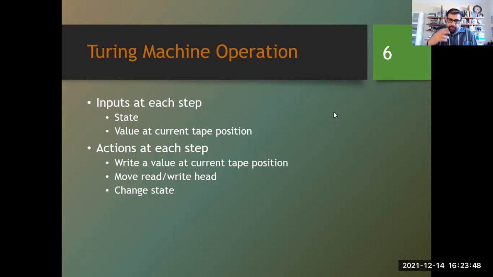But essentially, a Turing machine always has a state, which means that it knows what are the values of the variables that it is computing at the moment. And then it performs those operations. It knows what operations to be performed in that state.